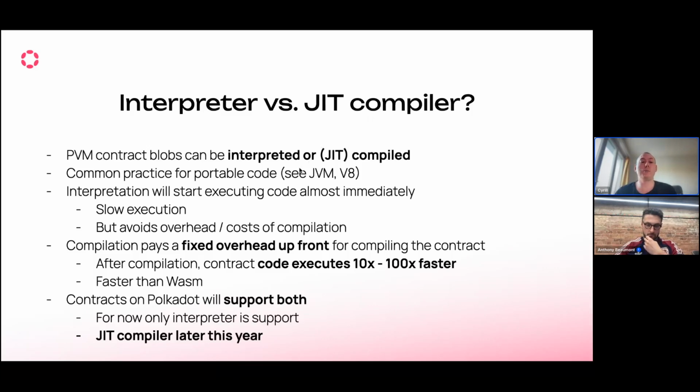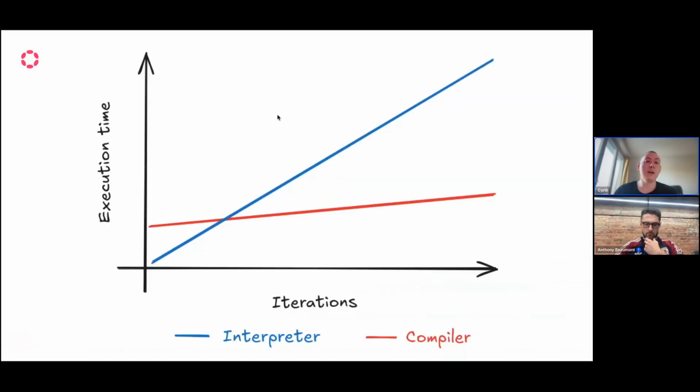And contracts on Polkadot Hub will support both. We just start with the interpreter, and the JIT compiler will follow later. So what this translates to is more or less that whether to use the interpreter or the compiler is an optimization problem. If you don't have a lot of iterations, as you see on the bottom left, you might want to use the interpreter because that's faster.